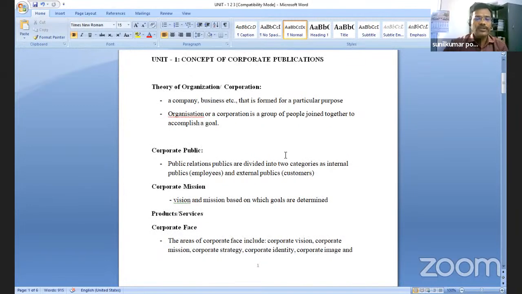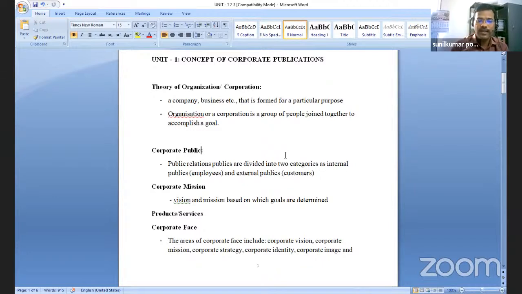Next, we have to know about the corporate public. Who are the public? Here we cannot define public as the general public. Corporate public means those who use the product or services, or who are working for that company. There are two categories of public.